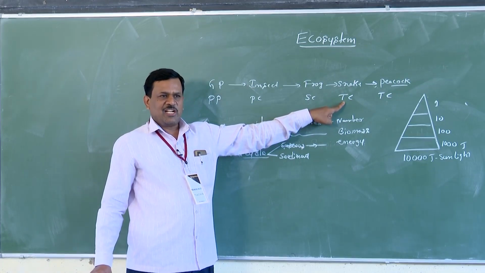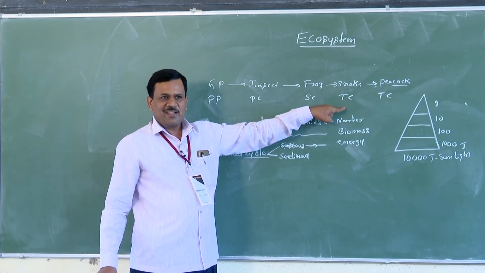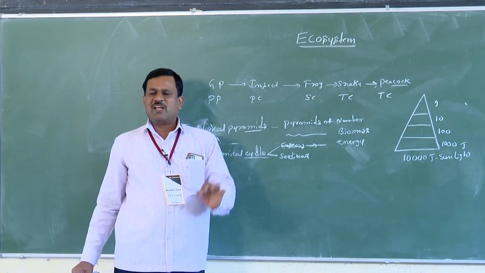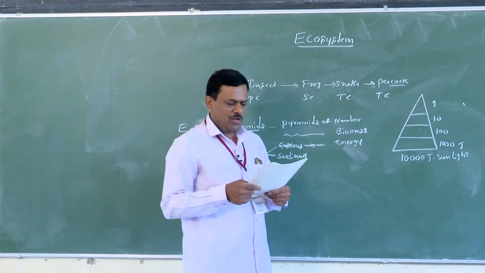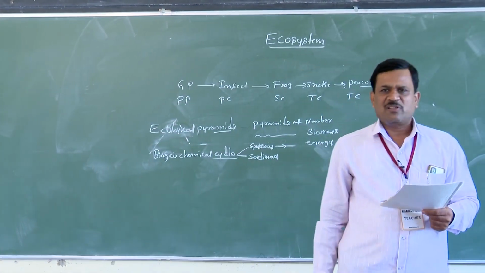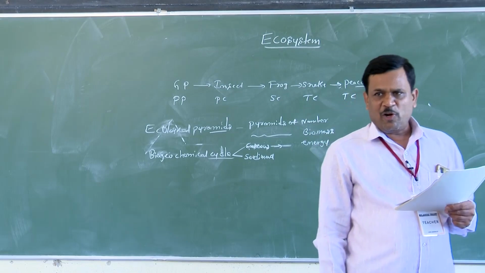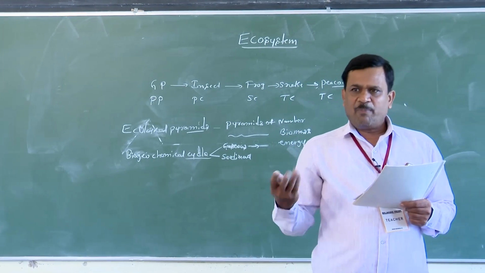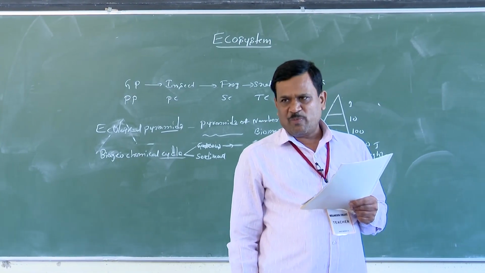Not only the snake, all tertiary consumers have maximum pollutants. Primary consumers have less pollutant because they feed on grass or plants.